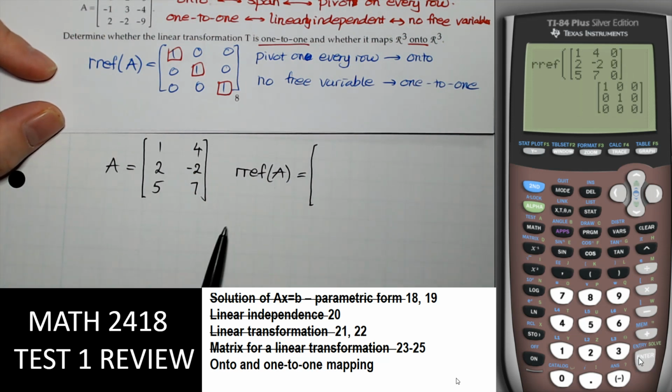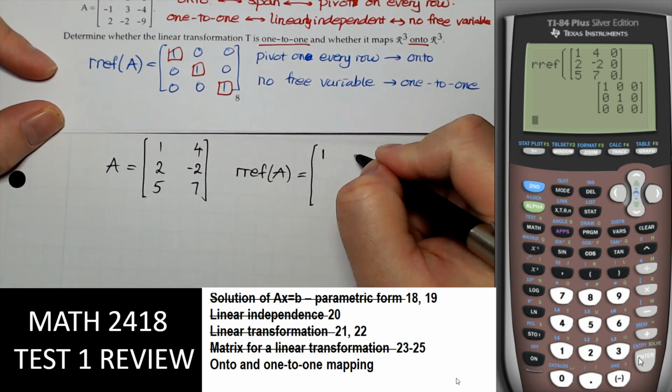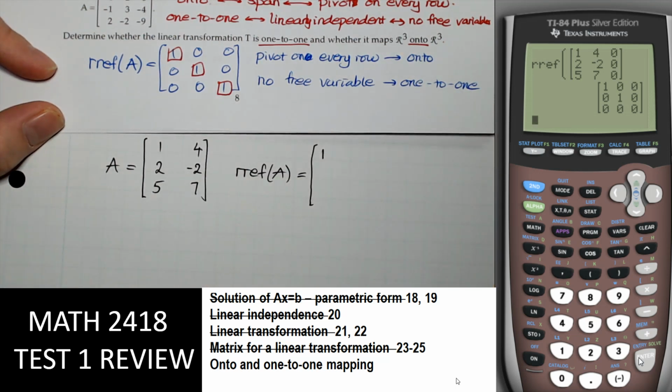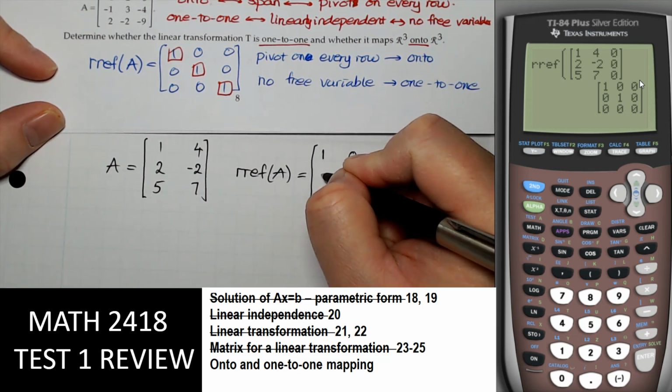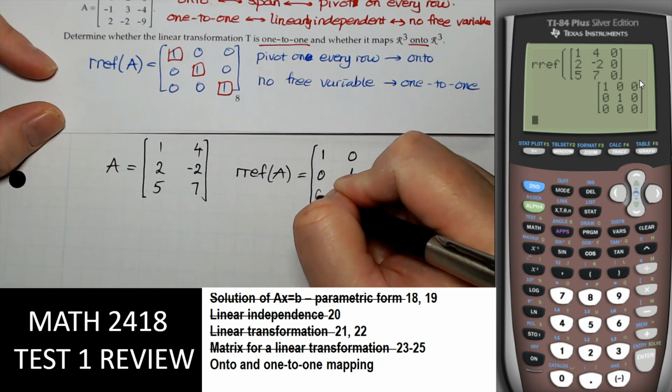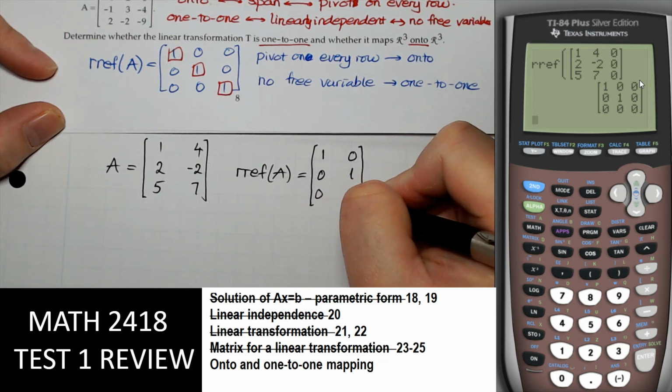And we just ignore the last column, because the 0 doesn't matter what the operation is, the 0 here will remain 0. So we just put it there so it will be defined on the calculator. But when we write the answer, we just ignore it. That's what we have here.